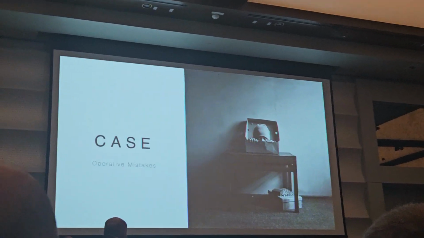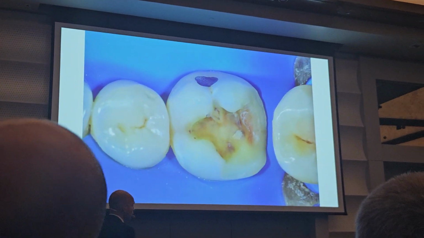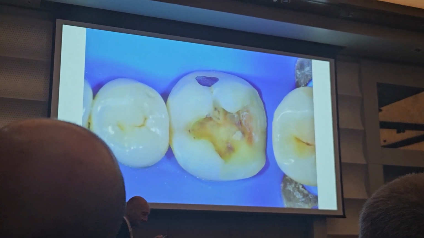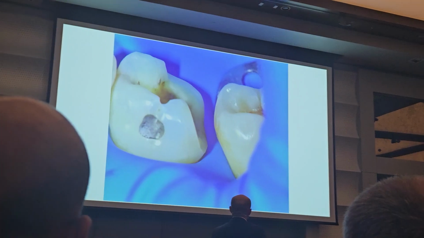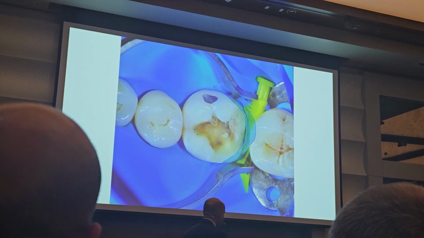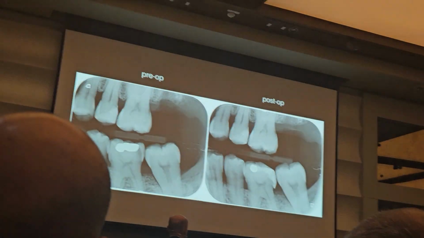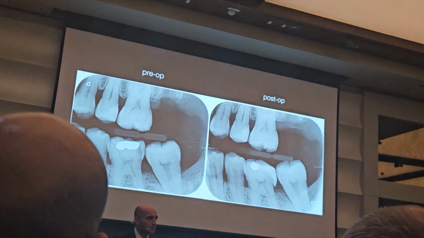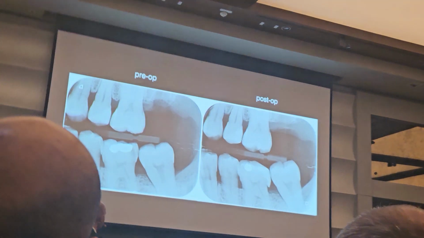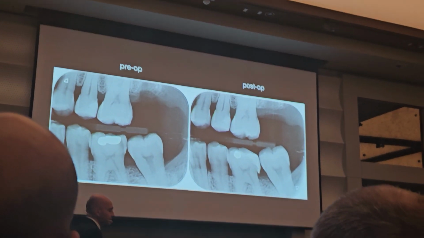Of course, there are operative mistakes. You choose the right matrix, you choose the right wedge, you do the correct isolation, but for some reason, okay, the wedge becomes dislocated, and then you have a lot of excess of material. So what do you do in this case?